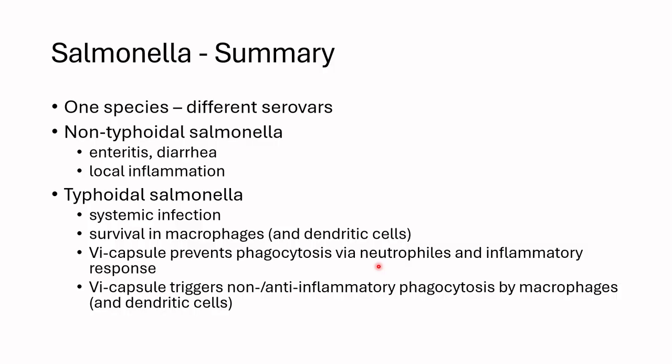So for these phagocytes, phagocytosis is indeed prevented by the capsule, and it also prevents the inflammatory response. This is a function you would expect from a capsule, that it prevents phagocytosis. However, it triggers phagocytosis by macrophages and also by dendritic cells, in this case via a non-inflammatory route.